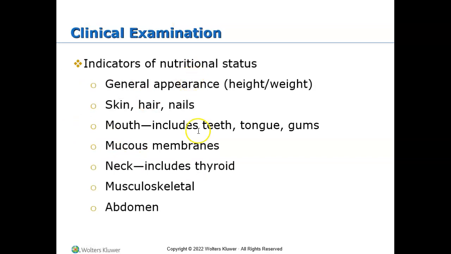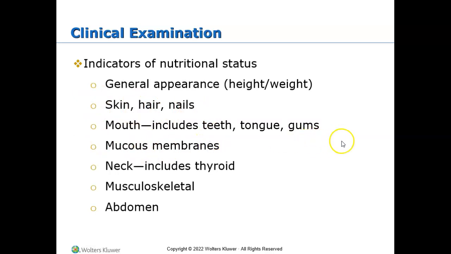Clinical exam, all of these are indicators of nutritional status. Makes sense? Height and weight, skin, hair, and nails. Nails can be thin, or they could have lines in them when you're malnourished. If your nails are clubbed, then you're not getting enough oxygen. We know about skin already.